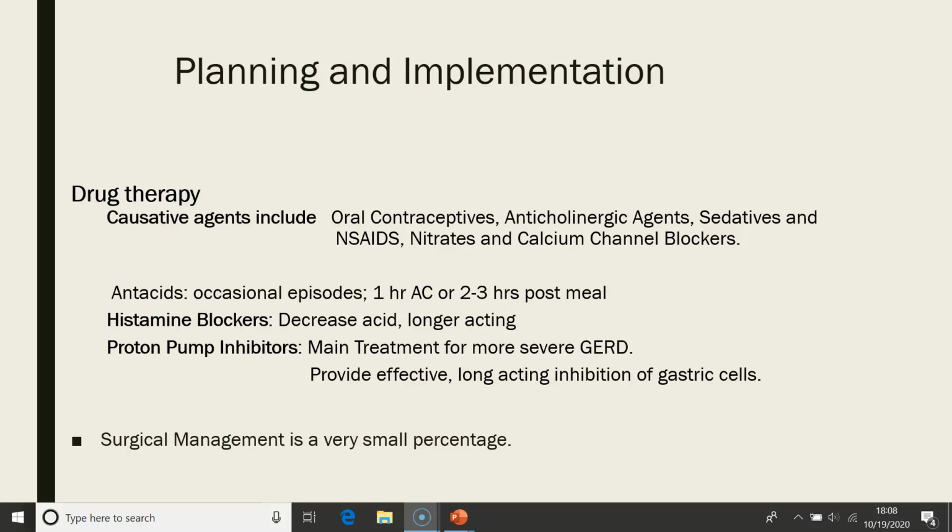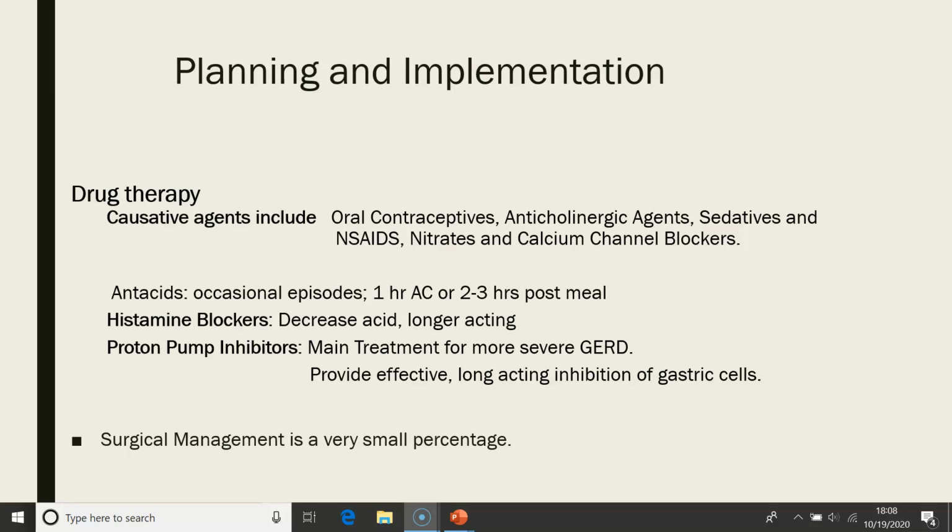Now, there are drugs that can be a causative agent of GERD. That includes oral contraceptives, anticholinergic agents, sedatives, and nitrates. Anything that dilates, that makes things come back up, can be a problem. Antacids can be used occasionally, 1 hour before meals and 2 to 3 hours post meals, and a lot of times will be helpful.